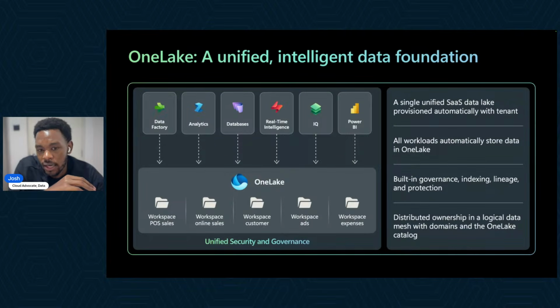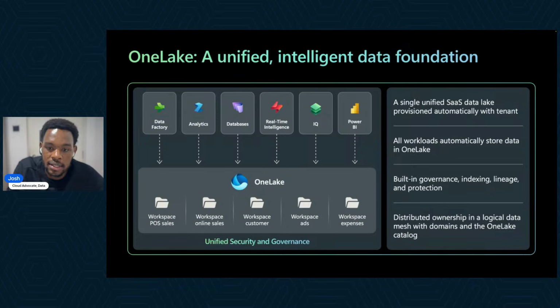And when you also think about governance and security and protection, all of these are also built into the platform from the start. And therefore, you have features like data lineage, data certification, the catalog integration, some of which we've covered as part of this series. And all of these have a tight integration within OneLake so that you're able to have a clear view of where your data lives and how your data is actually being used and who has access to your data.